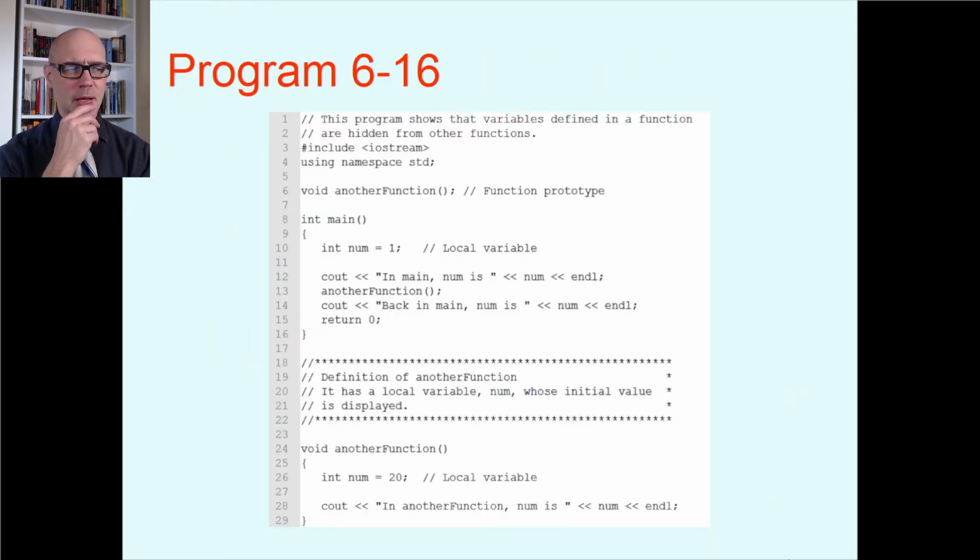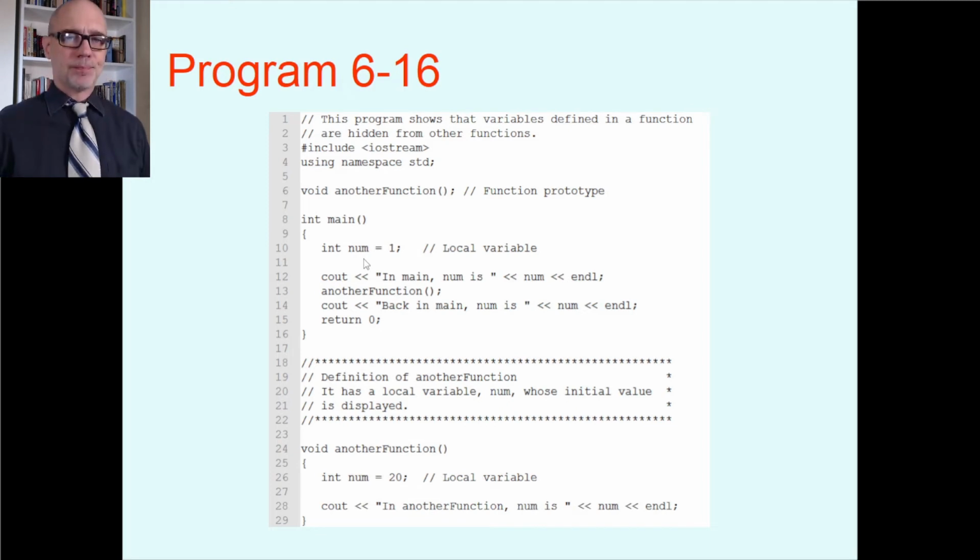So here's an example that kind of thinks about that issue of Alice working in one function and Bob working in another function. This program is going to show that variables defined in a function are hidden from other functions. I've got a main function, obviously, and I've got another function called another function, and it's just void. It doesn't take any parameters or anything like that.